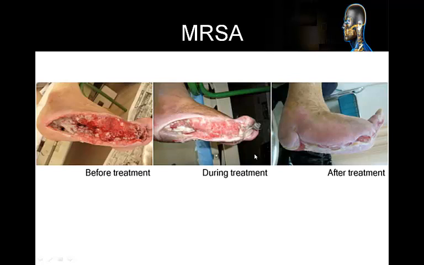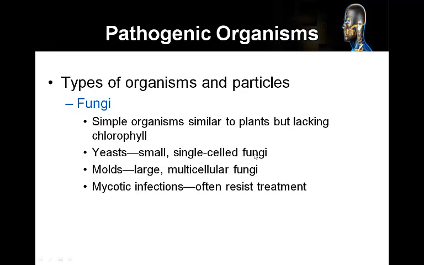Methicillin is a type of antibiotic used to treat specific strains of bacteria. Methicillin-resistant Staphylococcus aureus. The staph infection can lead to something like this: before treatment, during treatment, after treatment. The treatment we're talking about here is antibiotics, and also the use of maggots. We don't use that in pre-hospital emergency medicine right now, but maggots are used to destroy the dead tissue, which is actually infectious at that point. So, just some examples of bacteria.